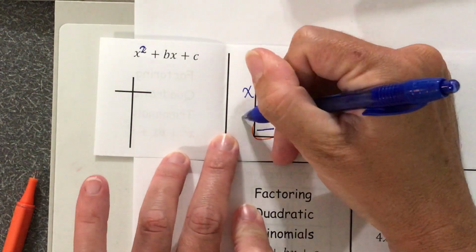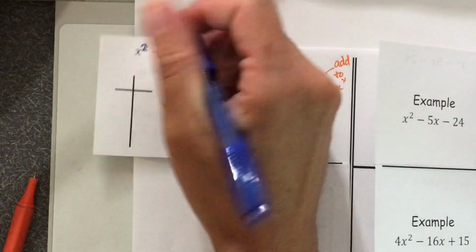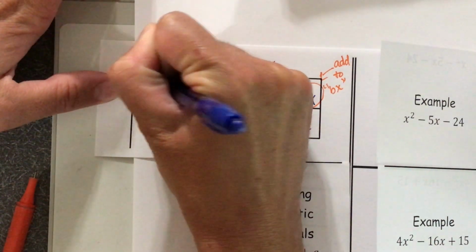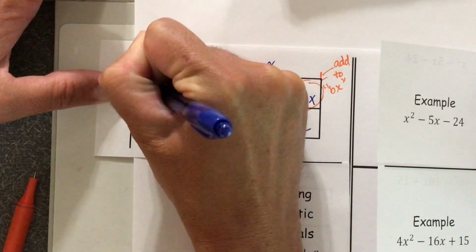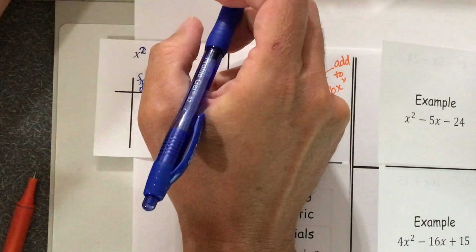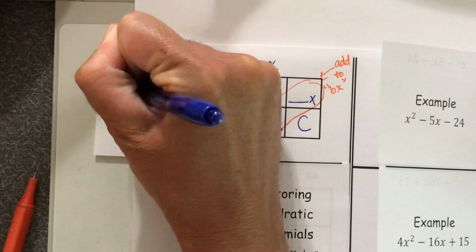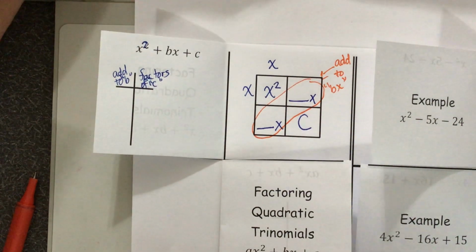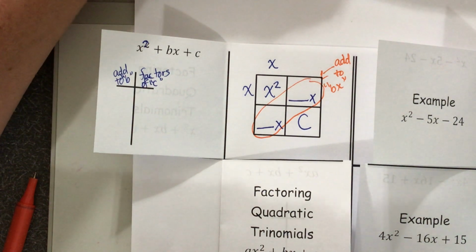But what goes here and here have to be the factors of c that add to b. So factors of c that add to b.